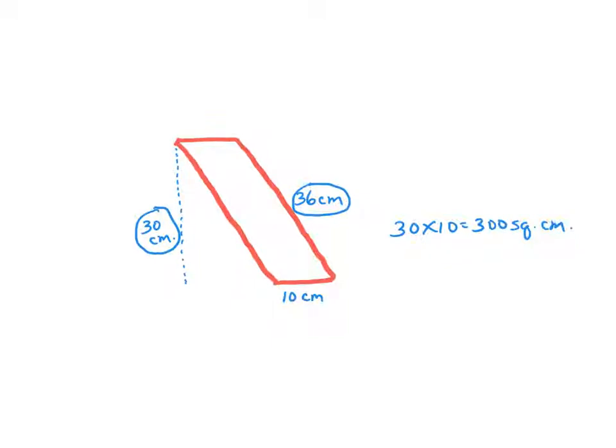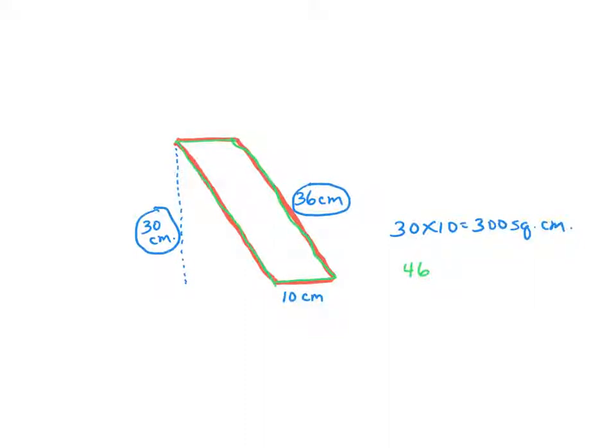While we have this, remember though that you could go through and find the perimeter of this. Perimeter is the distance all the way around. So if I wanted the perimeter of this, it would be 10 plus 36. 10 plus 36 would give me 46, and I have to go another 10 and 36.